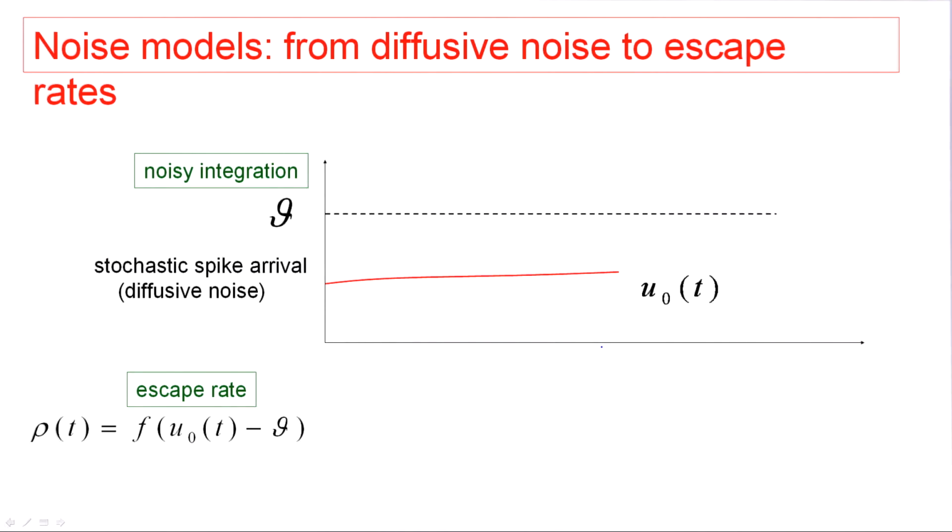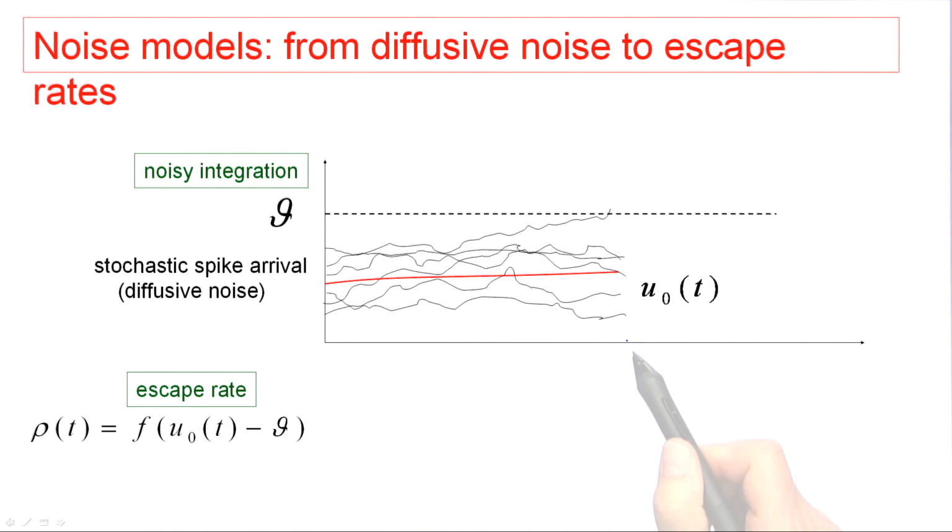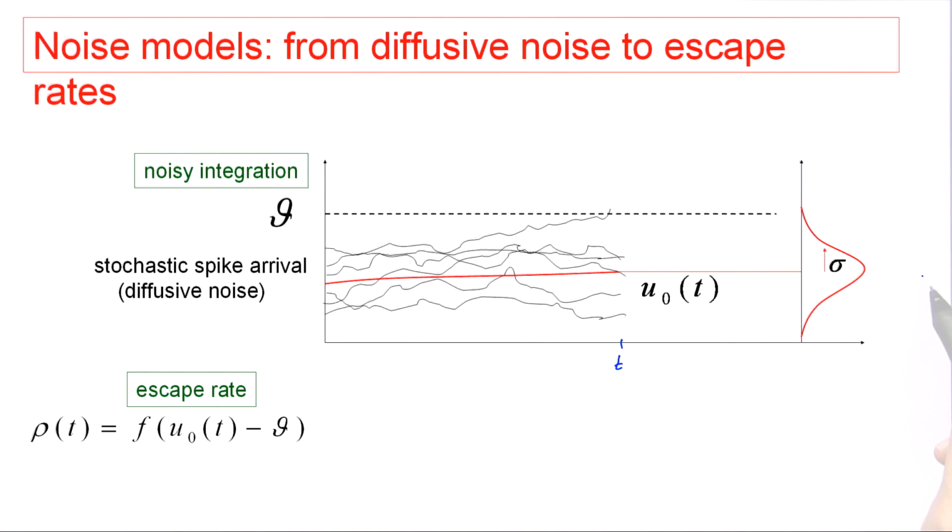As we have seen in lecture 6.4, for stochastic spike arrival models, we can calculate the deterministic trajectory, and the real trajectory stays nearby and builds up some kind of Gaussian distribution. So if we project, at this moment t, all the membrane potentials out there, we would find a nearly Gaussian distribution with some standard deviation sigma.